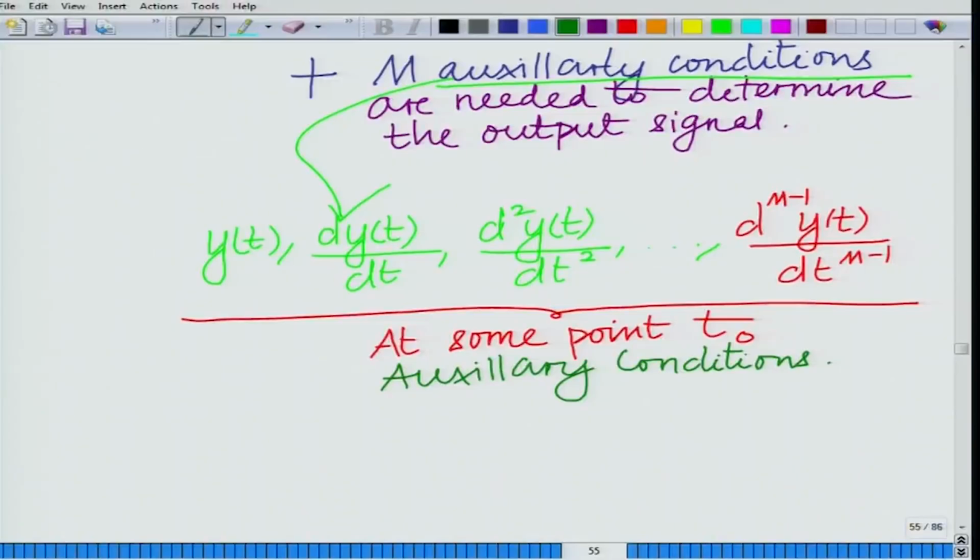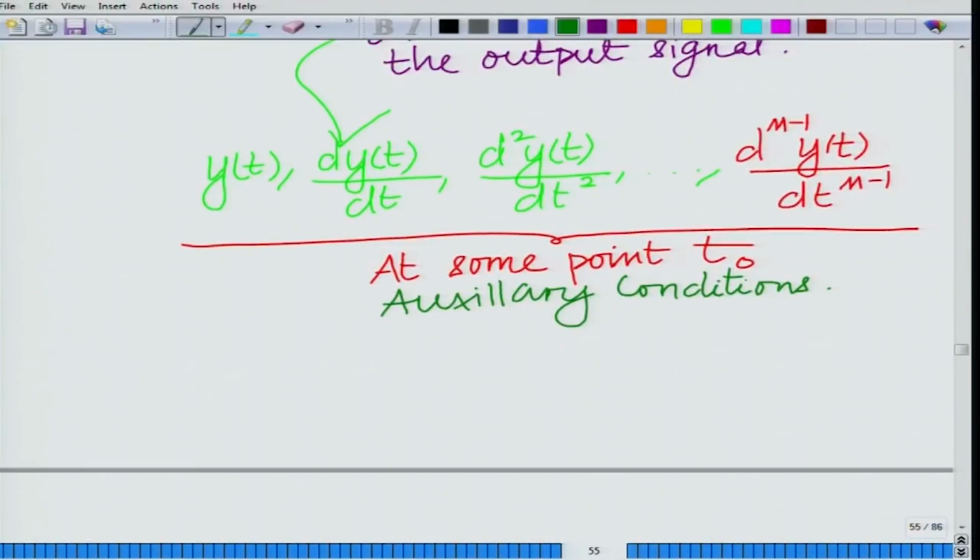Now, linearity. When can we say the system is linear? For this system described by the differential equation, when is the system linear?